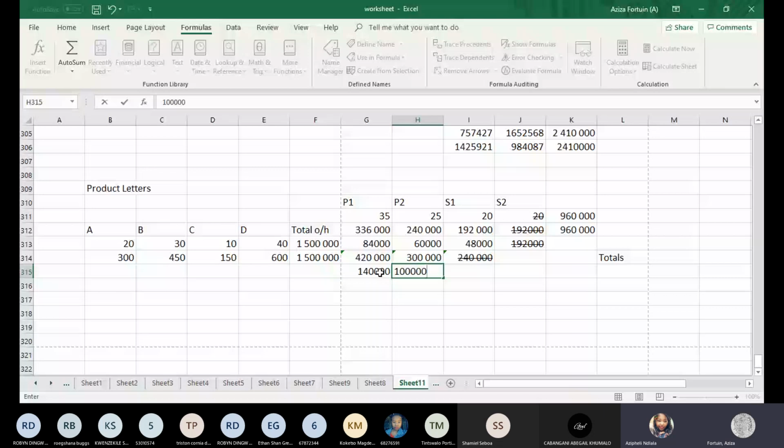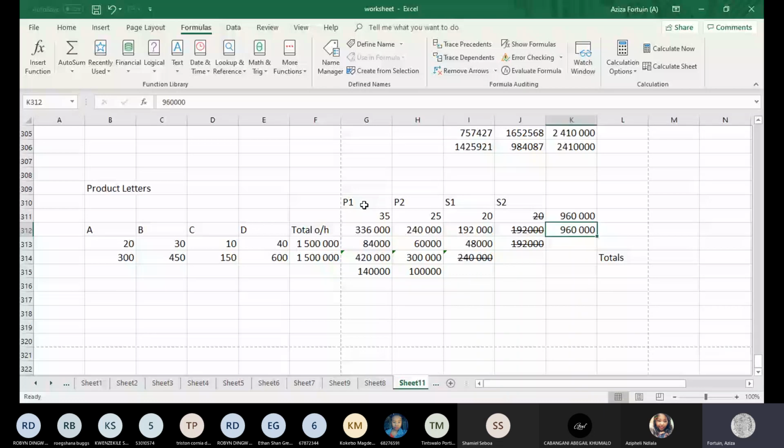Okay, let's start from the beginning. At the beginning, we had all these departments, P1, P2, and all together, the production overheads cost 960,000, right? So S2, we are going to have to write off and allocate S2's production overheads to all the other existing departments.